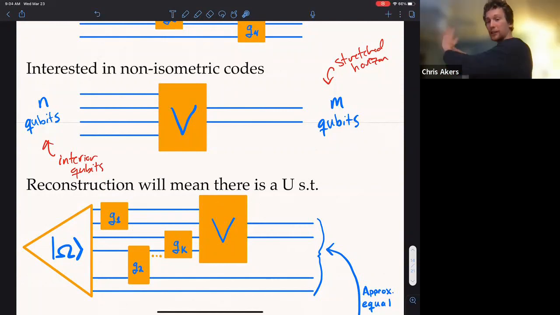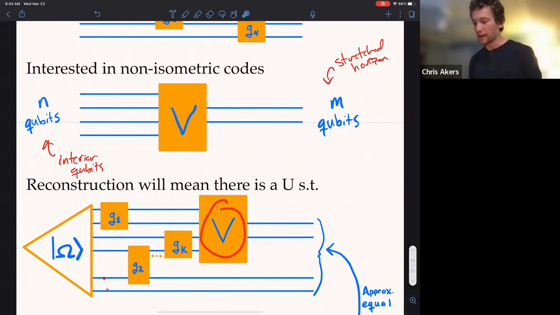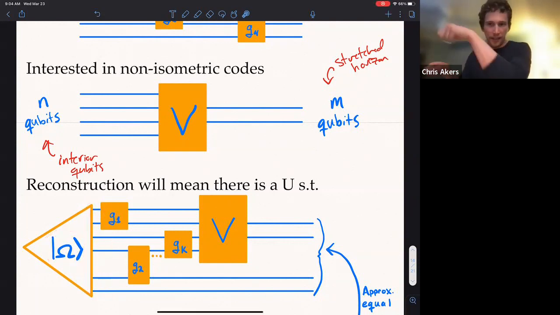They can be in a separate reference system altogether in the gravity setting, and so they can start out entangled with, say, the interior modes that will eventually have V acted on them, but they themselves are not going to be acted on by this code. So they all start out in some state omega, which maybe is a highly entangled state, like a bunch of Bell pairs between inside and outside the horizon.